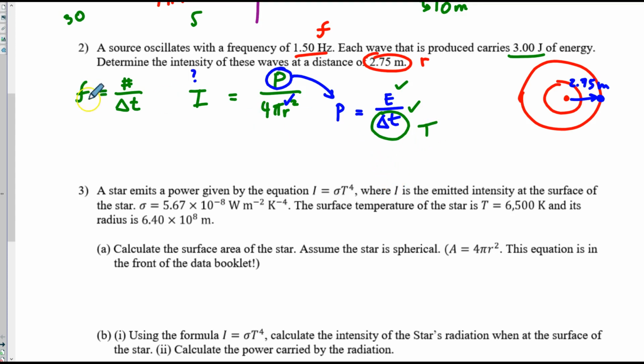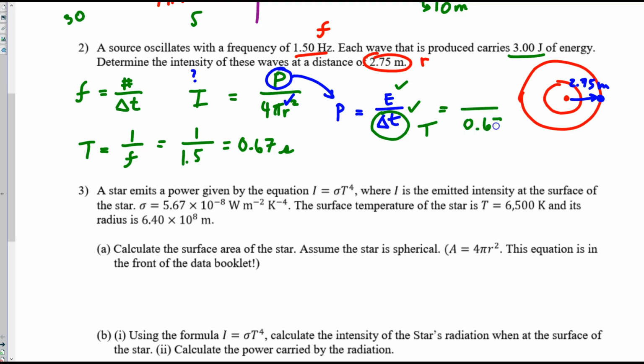How is period related to frequency? They are inverses of each other. So the time period is 1 over 1.5, and that's going to be, what is that, 0.67, right? Because it's 1 over 3 halves. It's 0.6 repeating. I plug that in.